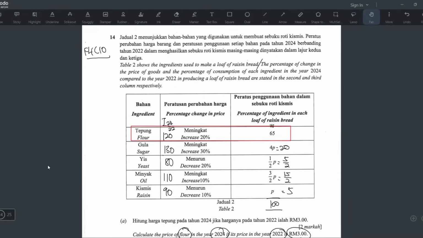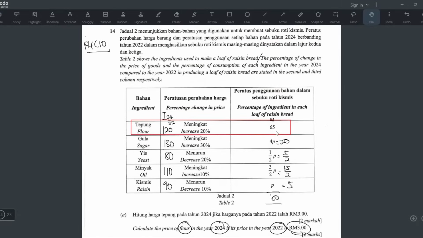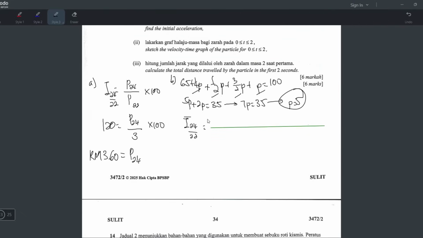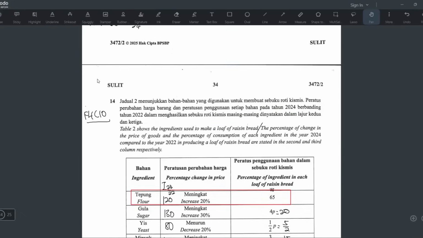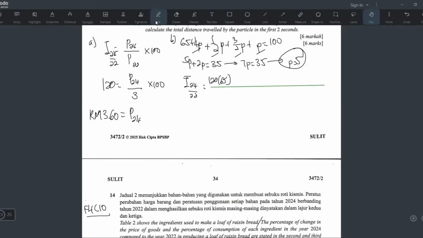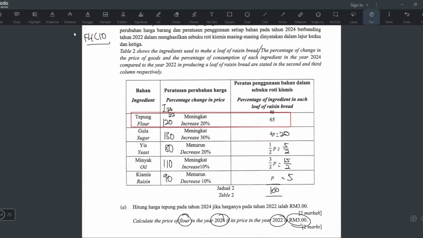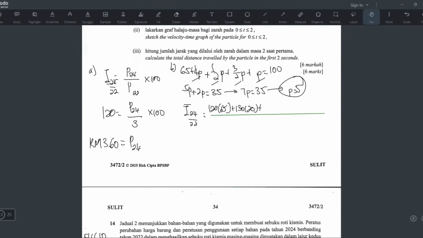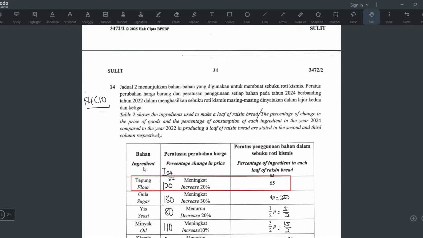Okay, now we can finally do the composite index. So we'll take I times W and then sum them, right? So 120 times 65 plus, and then the next one is 130 times 20 plus, and then the next one, 80 times 5 over 2 plus, and then 110 times 15 over 2.